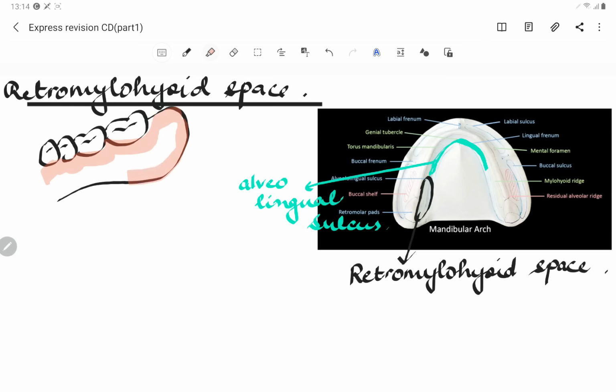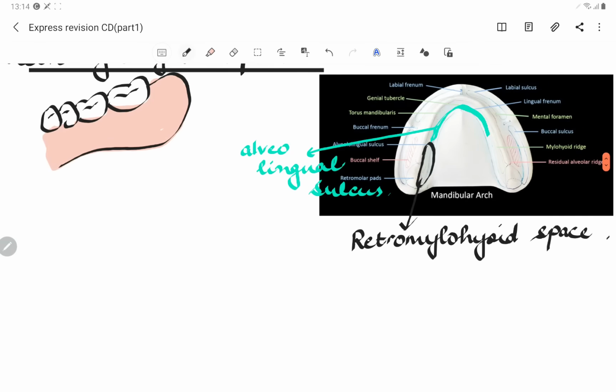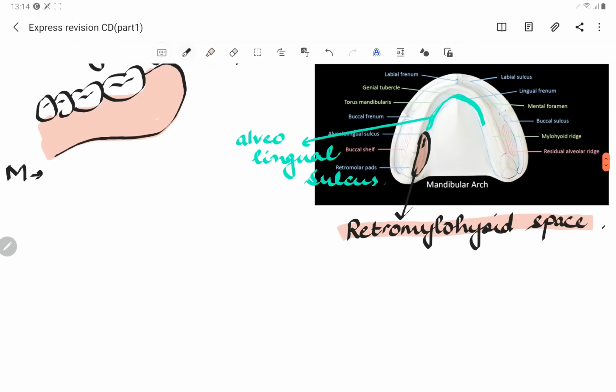So retromylohyoid space will be covering this particular part, right. This is the retromylohyoid space. Now retromylohyoid space is bounded medially, towards the midline, by the tongue. And the soft palatal region, that is the anterior tonsillar pillar.